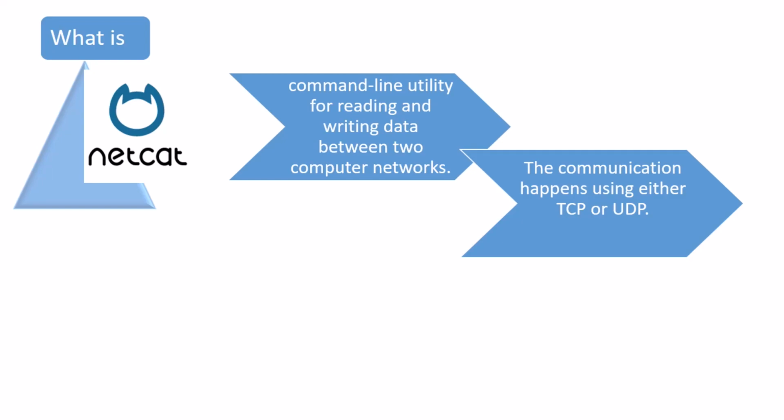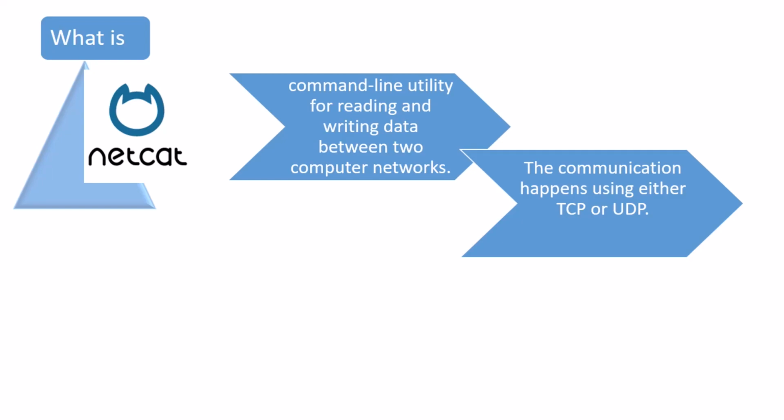The form of communication happens using either TCP or UDP. When we talk about TCP, we are talking about a connection-oriented protocol, whereas UDP is a connectionless protocol. Using TCP means that you're going to have a reliable network connection, whereas with UDP, you won't have a reliable network connection.